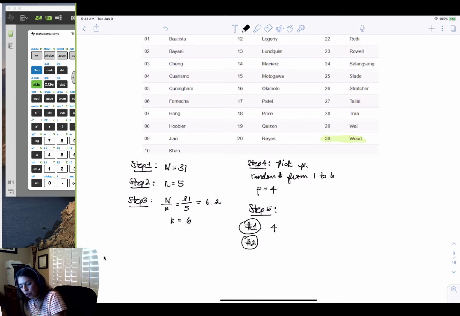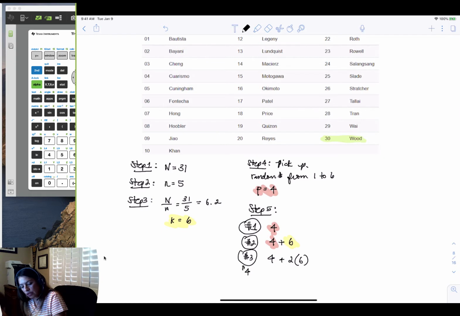Number 2 in the sample would be 4 plus k, so 4 plus 6, and that number comes from k. And the p came from step 4. The third person in our sample would be 4 plus 2 times 6.